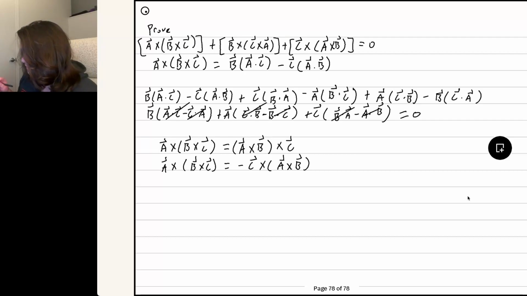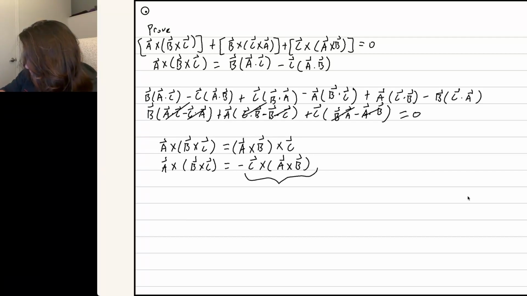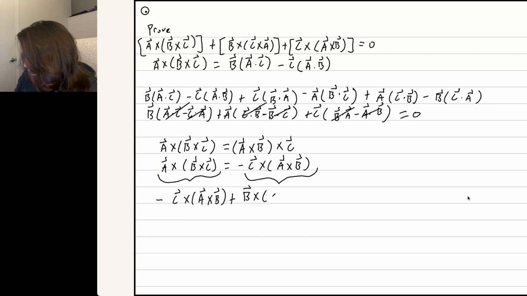So under what conditions is that true? Well, the stuff up top is always true. So just plugging in this expression to replace this expression in the identity, you'll have minus C cross A cross B plus B cross C cross A plus C cross A cross B, and look at that.